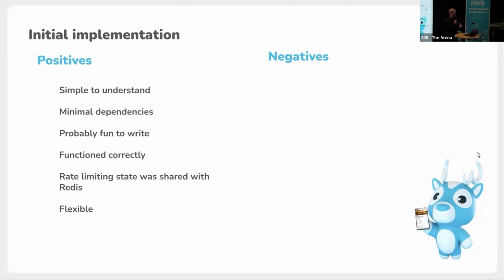And it also shared the state of the rate limiter between all of the different instances of the service with Redis, which was really important for us because it allowed us to set accurate rate limits that are shared between the instances.